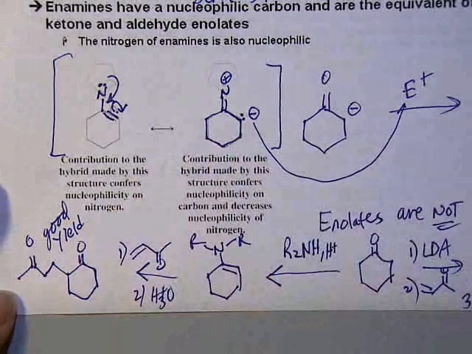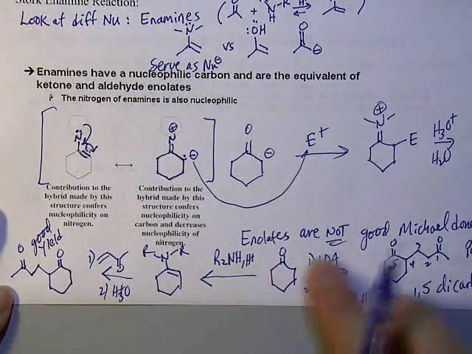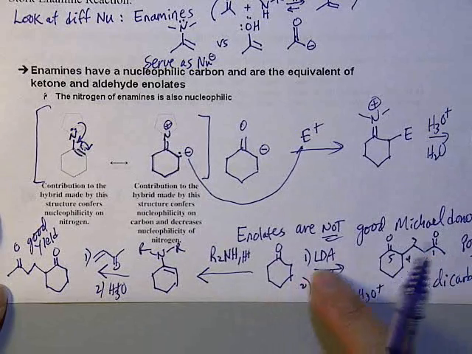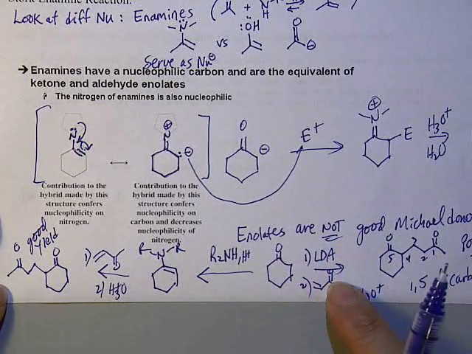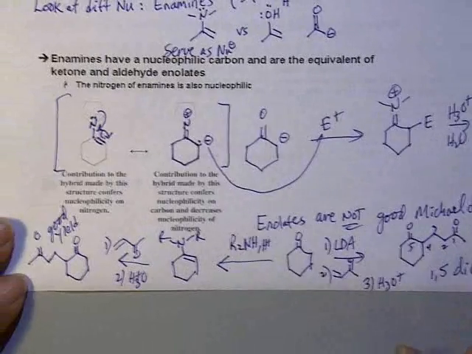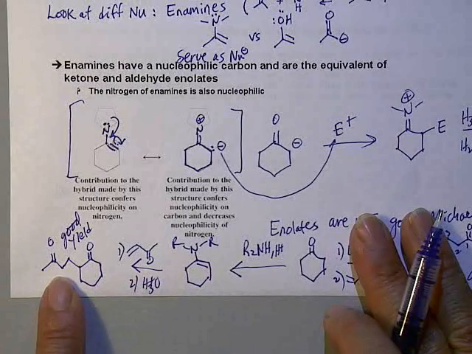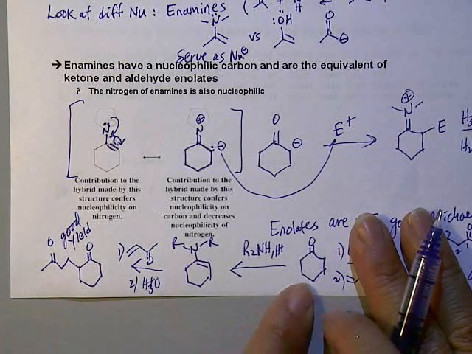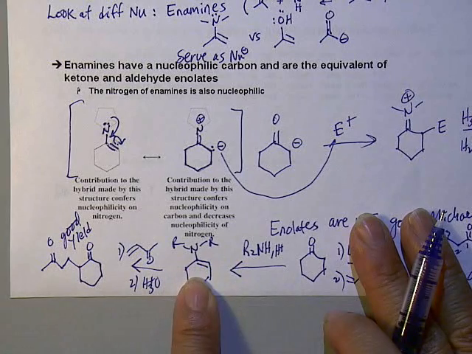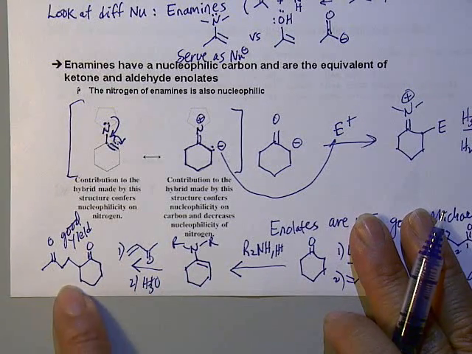All right. So even though the way you want to do it, which is this, start directly from the ketone and react with the base, and then the Michael acceptor, this does not work. So basically this is not an option. So if you wanted to make 1,5-dicarbonyls using a ketone, then you have to go through the enamine as an intermediate and then do the Michael addition and then hydrolyze it.